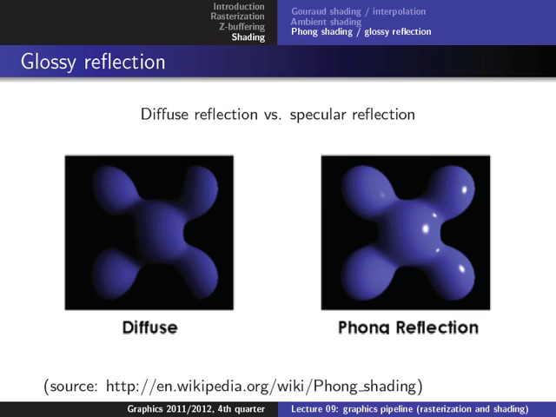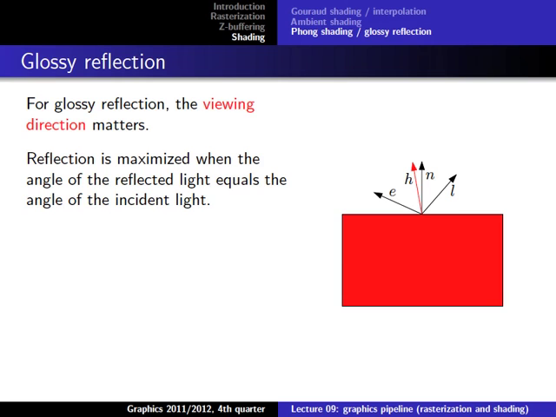But if we have a glossy object, then of course we have these highlights, which is often called Phong reflection, because the Phong shading model is the most popular model to calculate this. The major difference from the diffuse shading is that the viewing direction in this case matters.